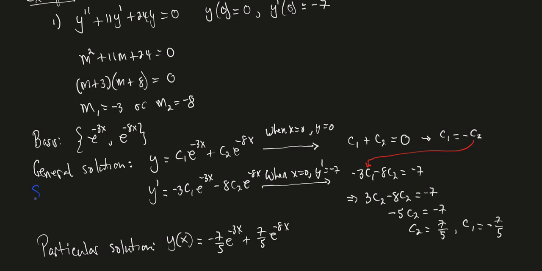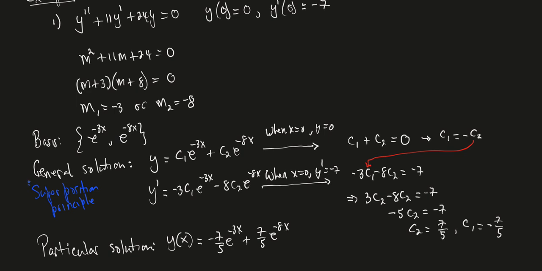Right here is where we use our superposition principle. That tells us once you find two linearly independent functions, and how do we know that they're linearly independent? Well, they're not scalar multiples of each other, right?